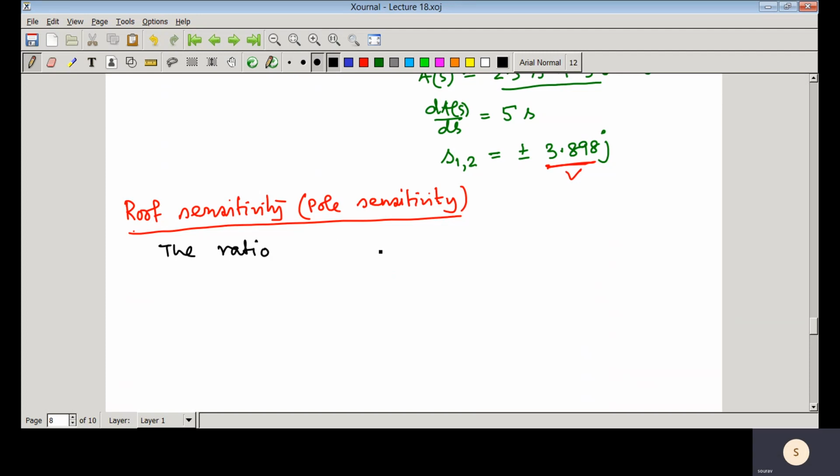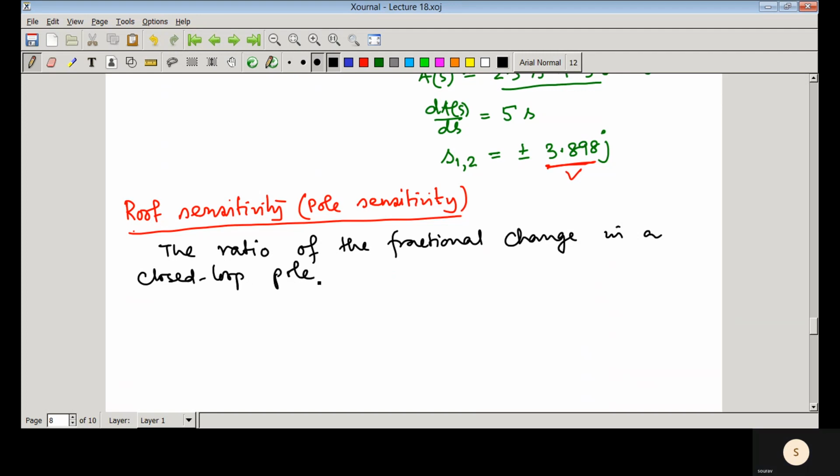This is the ratio of the fractional change in a closed loop pole to the fractional change in a system parameter.